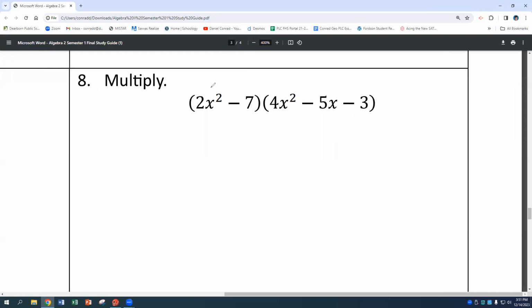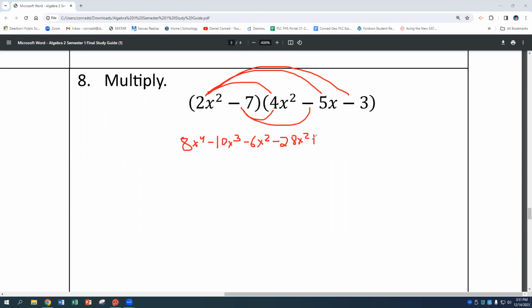Okay, number 8. Multiplying here. So again, 2x squared times 4x squared is going to be 8x to the fourth. Minus 10x to the third. Minus 6x squared. Minus 28x squared. Plus 35x.